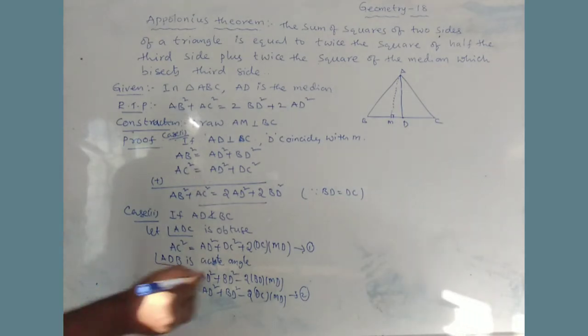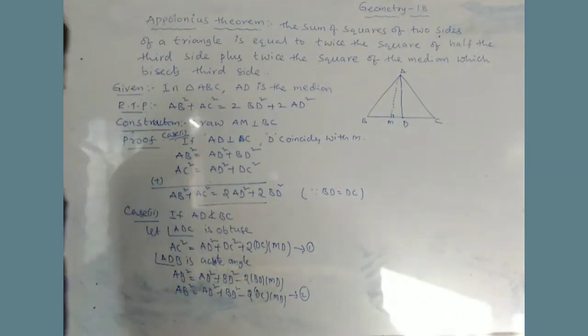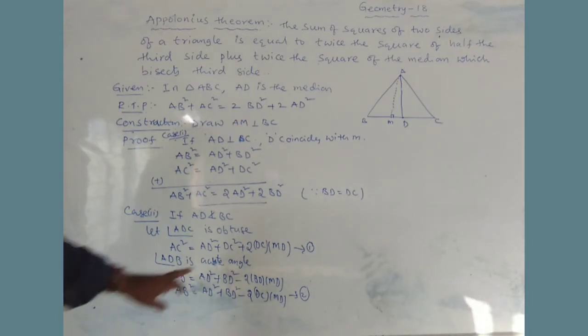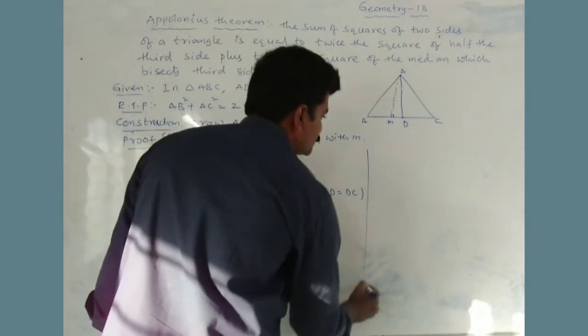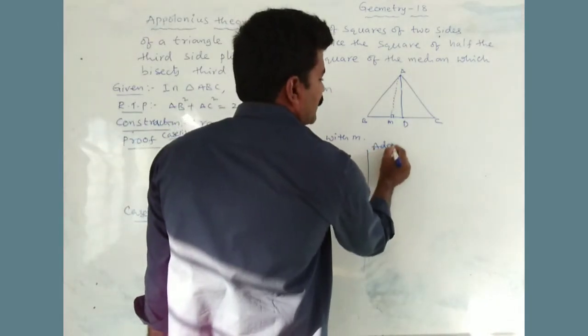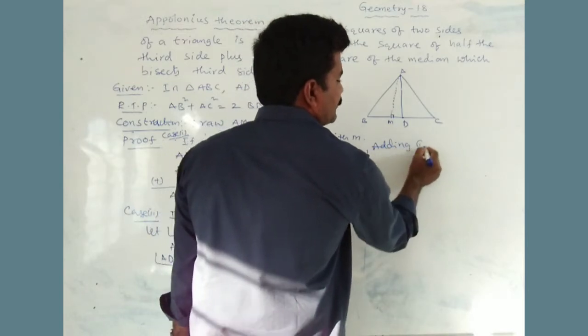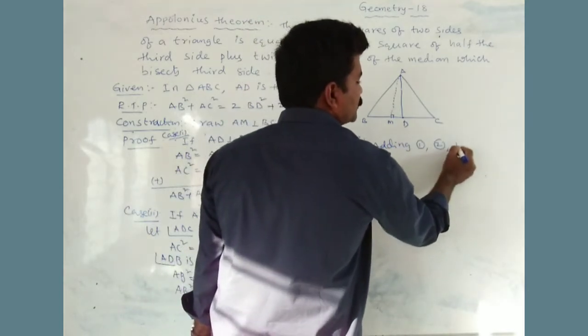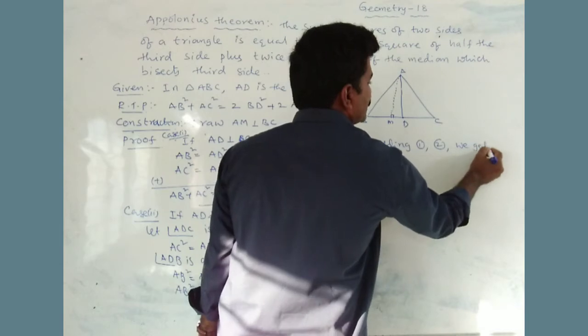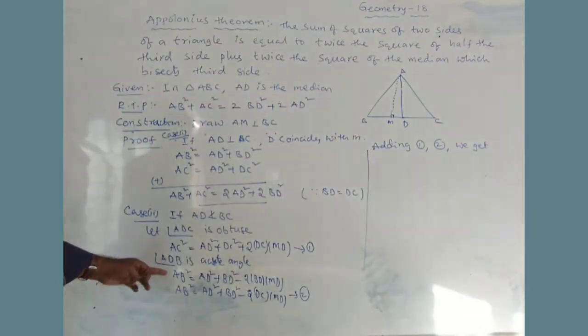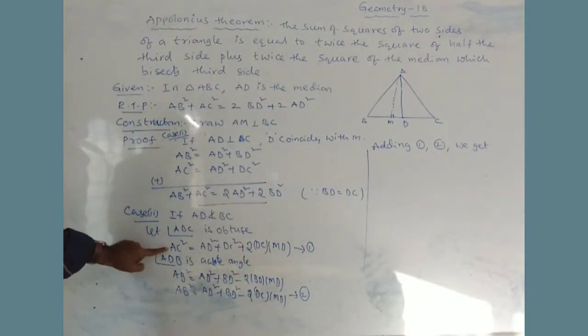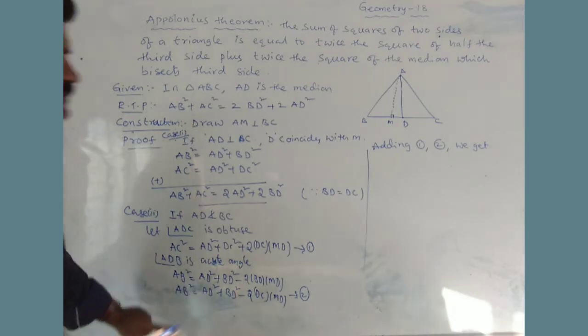Now we have to add 1 and 2. Adding equations 1 and 2, we get, on the left side, AC square plus AB square.